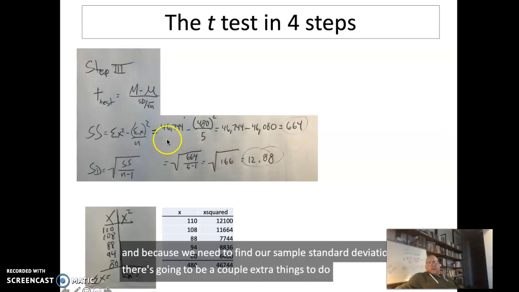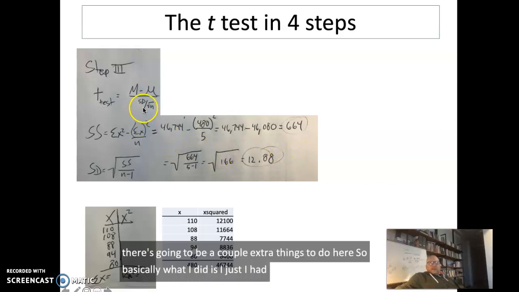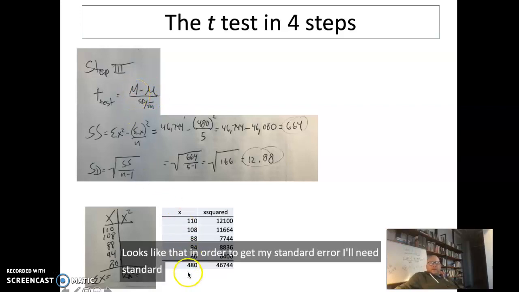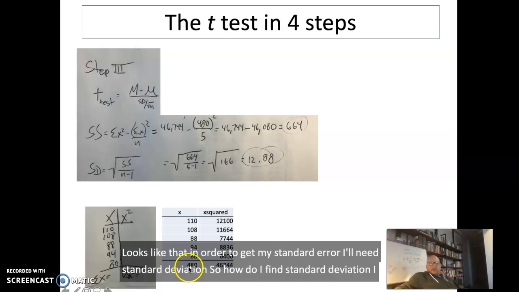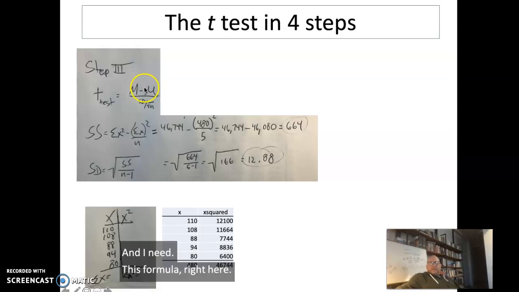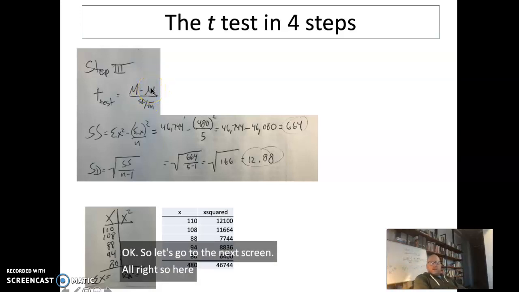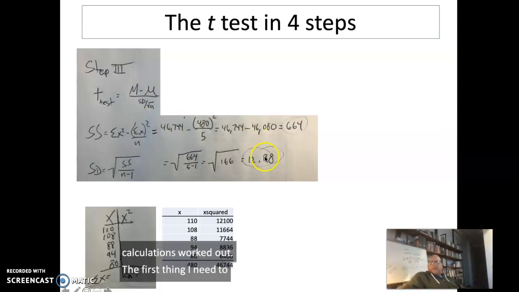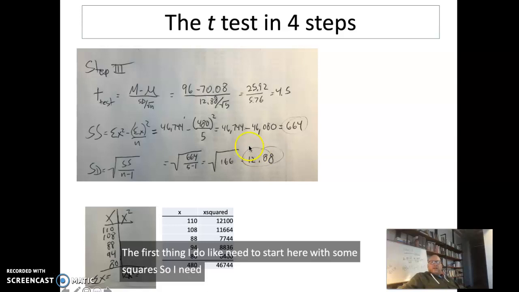All right, so now I think I'm ready for this. To find my test value of t, first I need the sample mean. Well, the sample sums up to 480 divided by 5, that's 96. The population mean, that comes from our bowl. So we measured that in class, that was 70.08. And then I fill in the bottom half of that number right there.